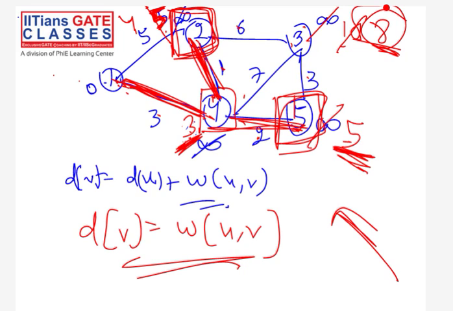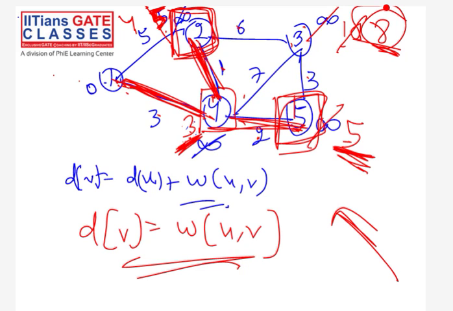They may give you a question. They may say Dijkstra's algorithm is run using this as the source vertex, and then in the output of Dijkstra's algorithm, which is the path you will follow to reach any particular vertex, and they'll give 4 options. Is the question clear to all of you? These are a few extra things that we have to do apart from what we did in Prim's algorithm.